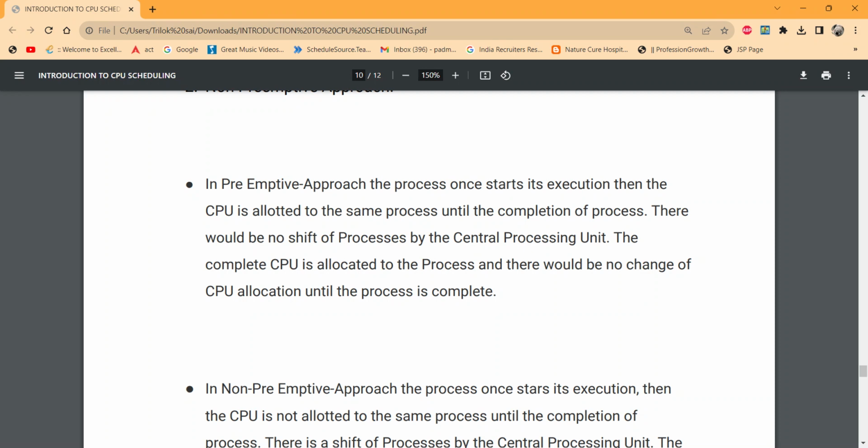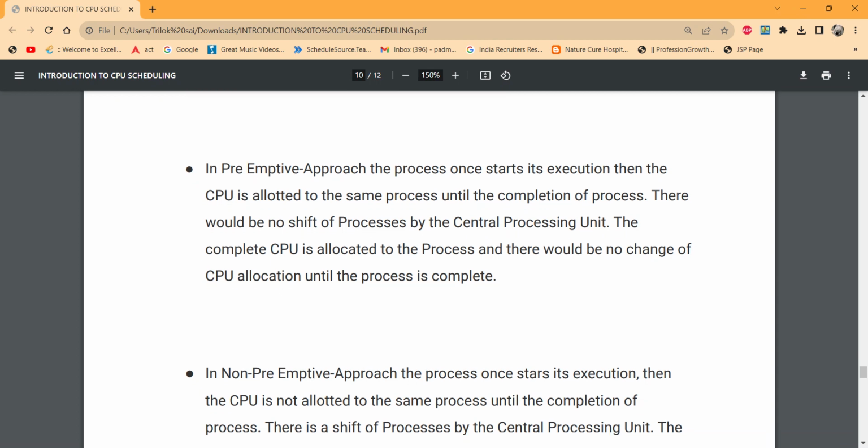Once a particular process has been given to the CPU, until that process completes its execution, no other process can come, and the CPU allocation will not change until the process is complete. Once it starts its execution, the CPU is allotted to the same process until completion. There will be no shift of the process.